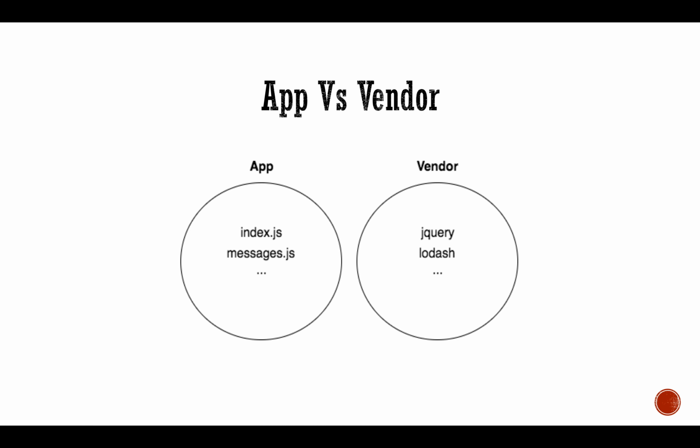All right, so in a lot of applications, we have our app code, and then we have our vendor code. In our case, we've got index.js, we've got our message.js, and then we've got our vendor dependencies. In our case, we just have jQuery, but you can imagine you have jQuery, Lodash, maybe D3, some other libraries.